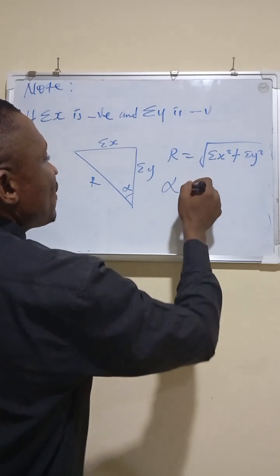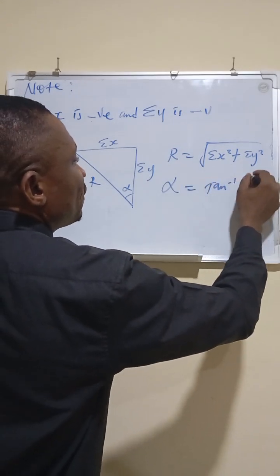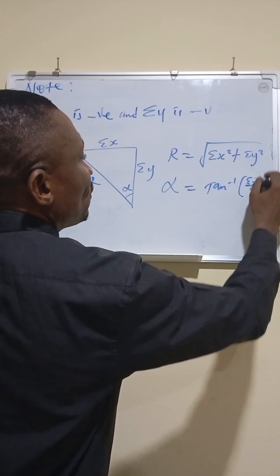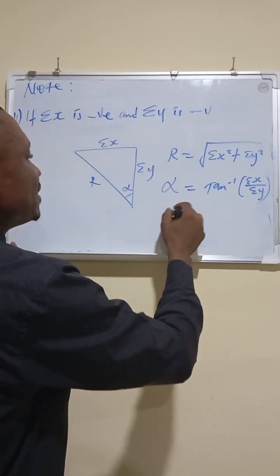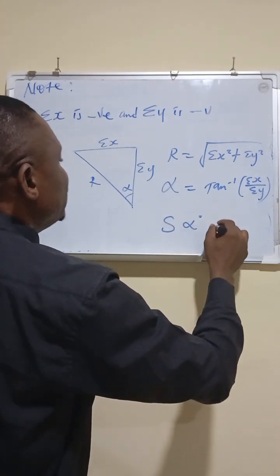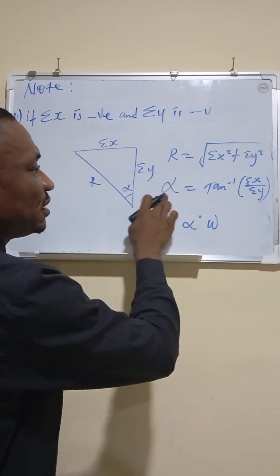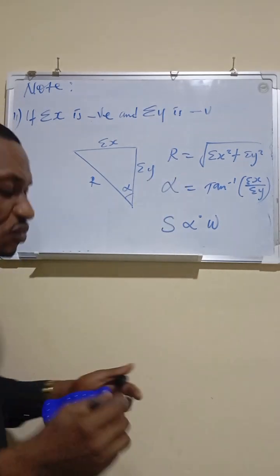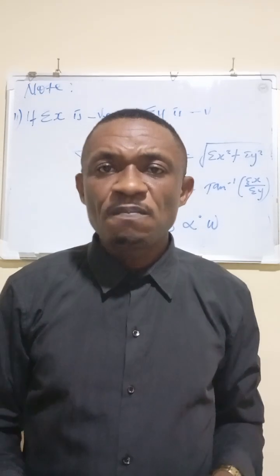And our alpha will still be tan inverse of summation of x over summation of y. Then you will represent it as south alpha degree west. So this is the direction. This is the resultant. You must obtain direction and resultant when you are solving vectors.